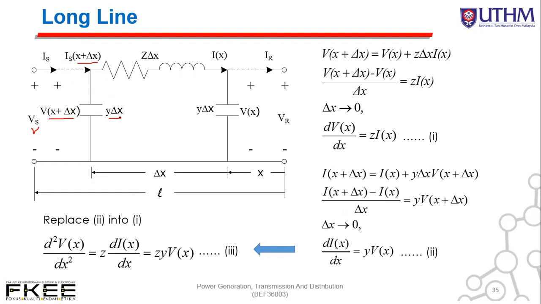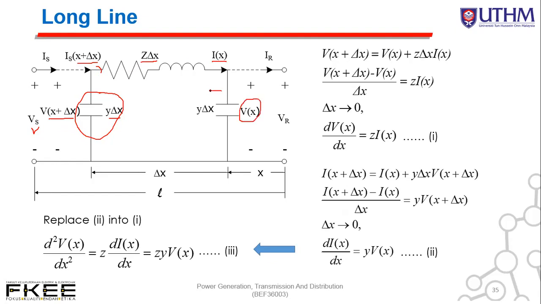Y delta x is nothing but the admittance or the capacitance, the first capacitance after the sending voltage, and then the current travels through the line impedance, that is Z delta x, and we have the final current Ix before the receiving end, while the final voltage before the receiving end is Vx.